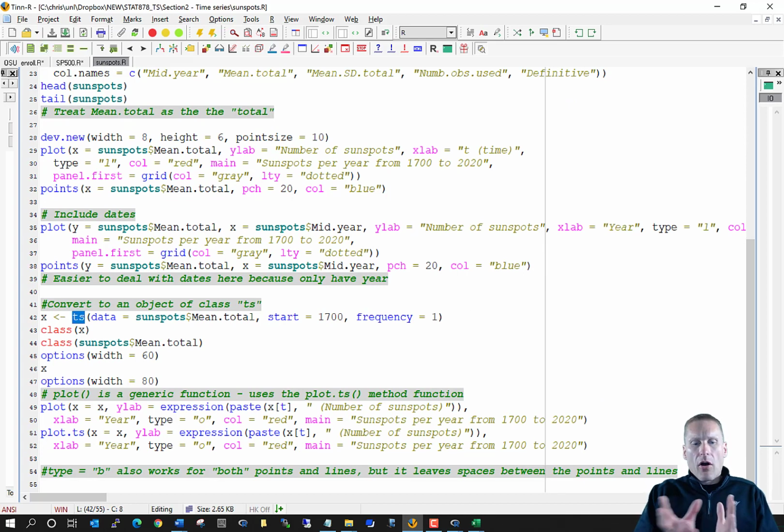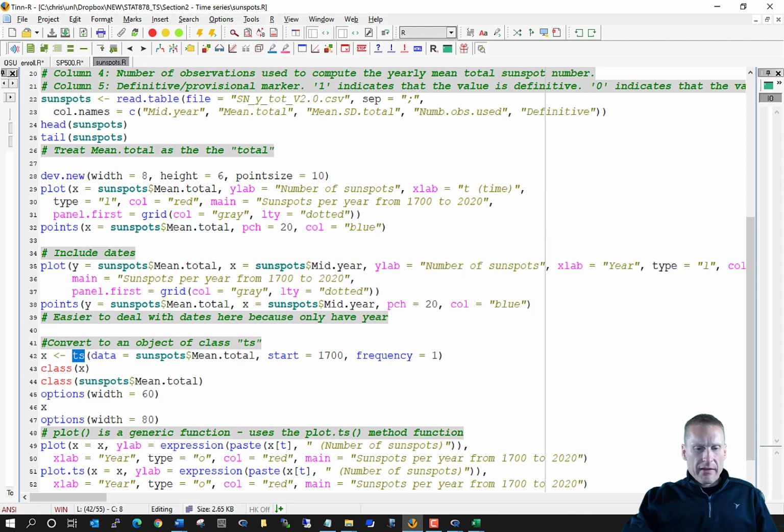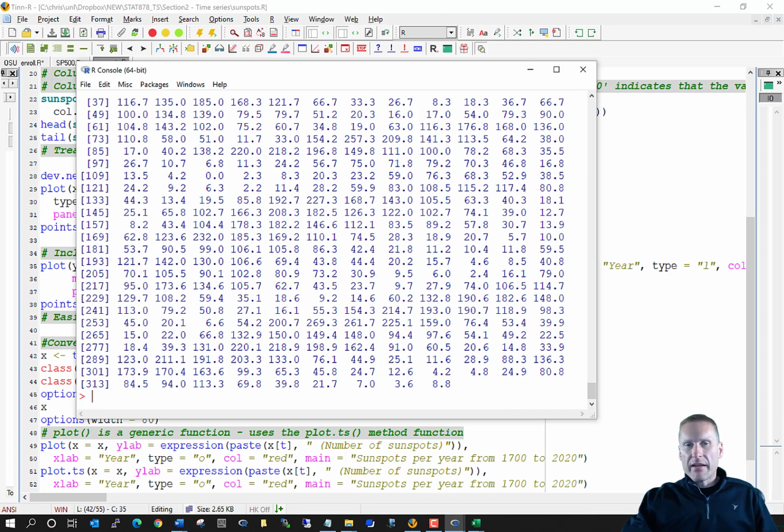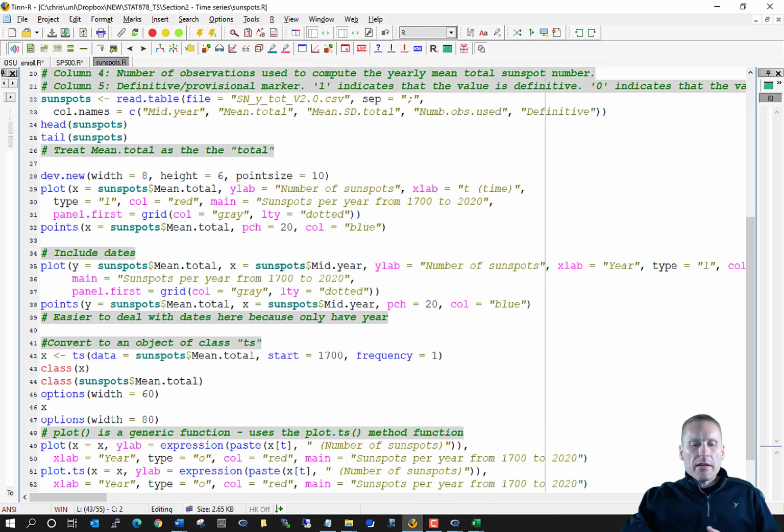Right now, R has read in the data, and so the sunspots$mean.total is my yearly values for the total number of sunspots. R doesn't know that this is actually time series data, but we can tell R it is by telling R, convert this to a time series class format.